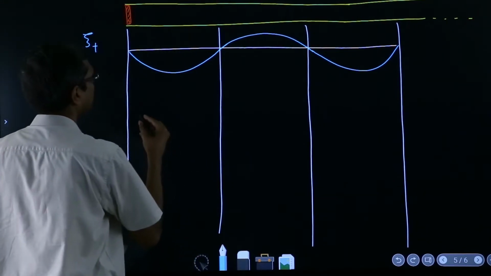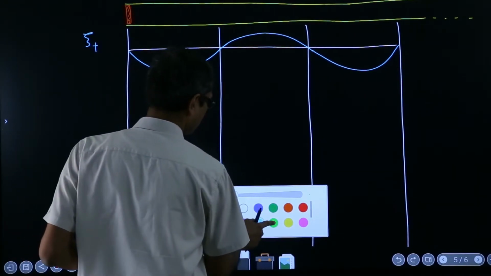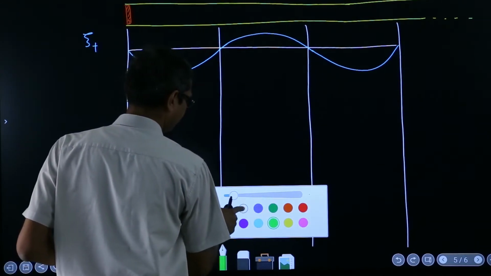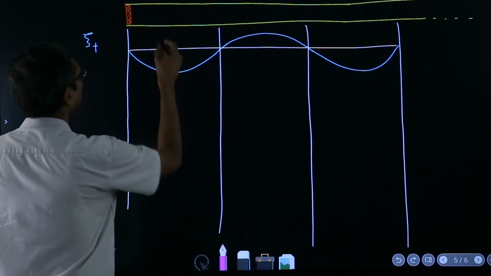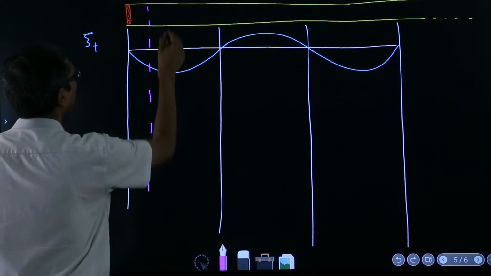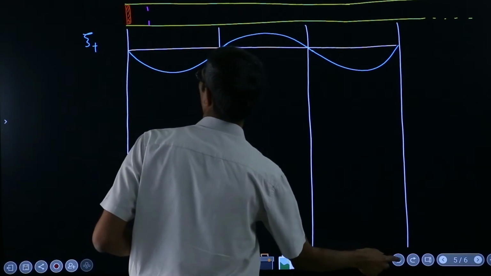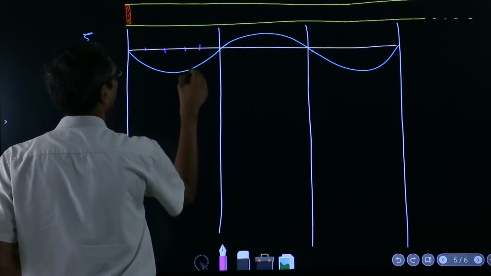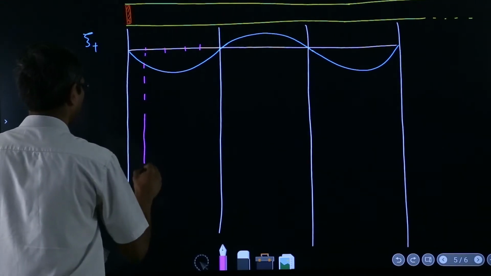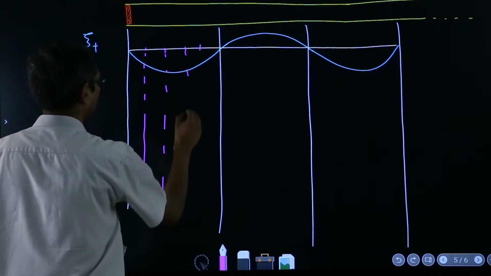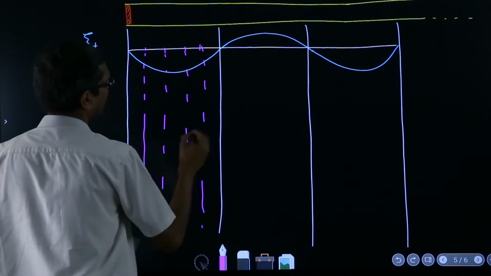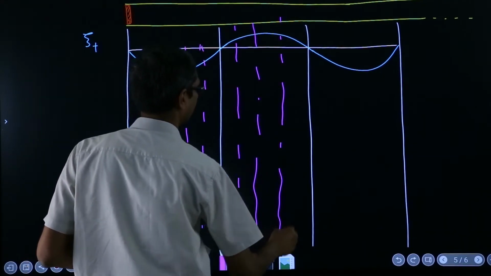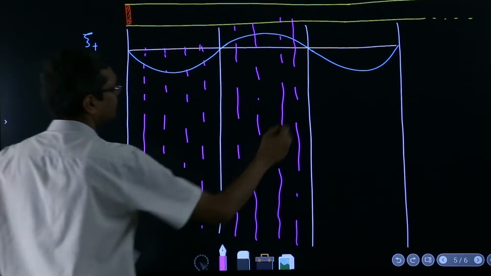Now we were trying to see that if there are some uniformly distributed, say 1, 2, 3, 4, something like that, so like that we will try to draw, and similarly here.